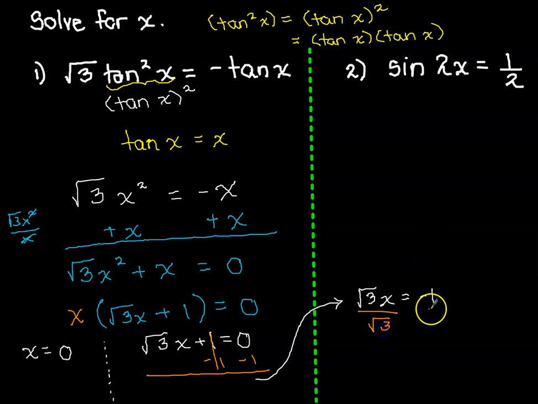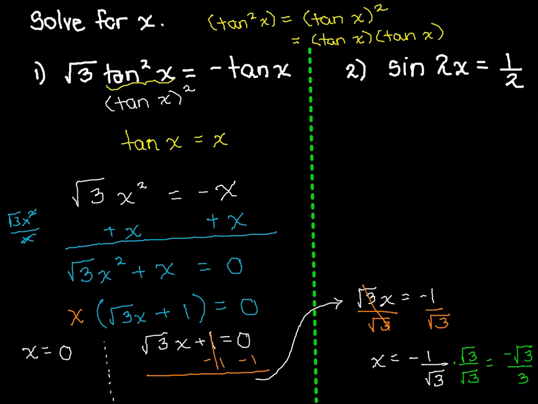Now x is pretty much by itself, but we don't leave a radical in the denominator. We rationalize it, meaning we multiply it by itself. And this will give me, when I multiply straight across, negative square root of 3 over 3.